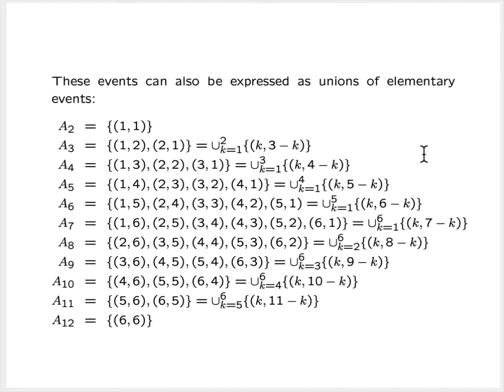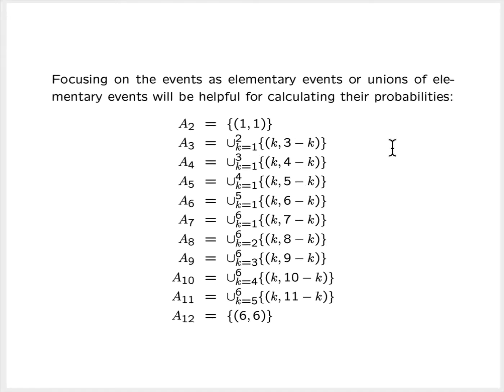Now, I want to make this clearer, so in the next slide I'll just get rid of the representations based on subsets of the sample space and just look at how these are represented as unions. And so this allows us to focus on this particular type of representation. And this is useful because it's going to be helpful when we go to calculate probabilities.